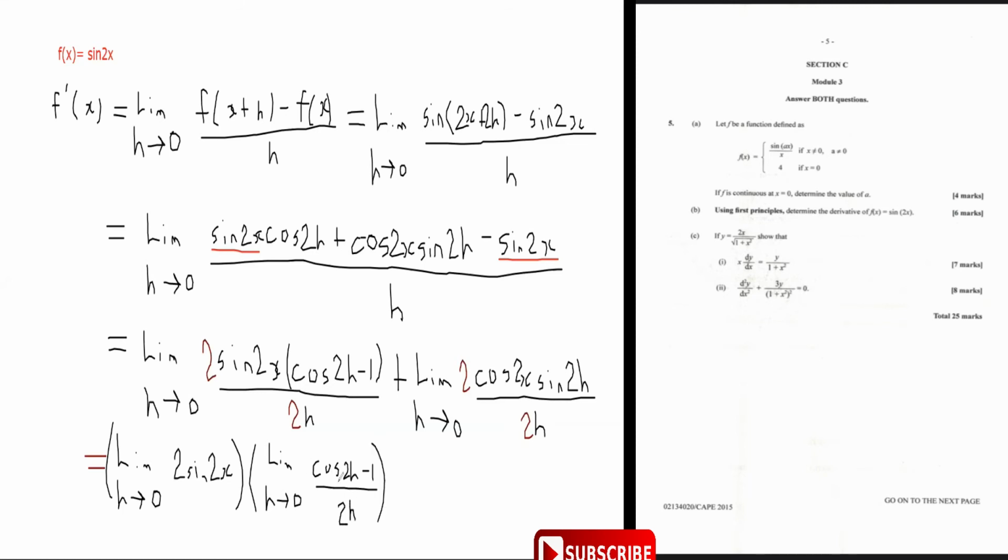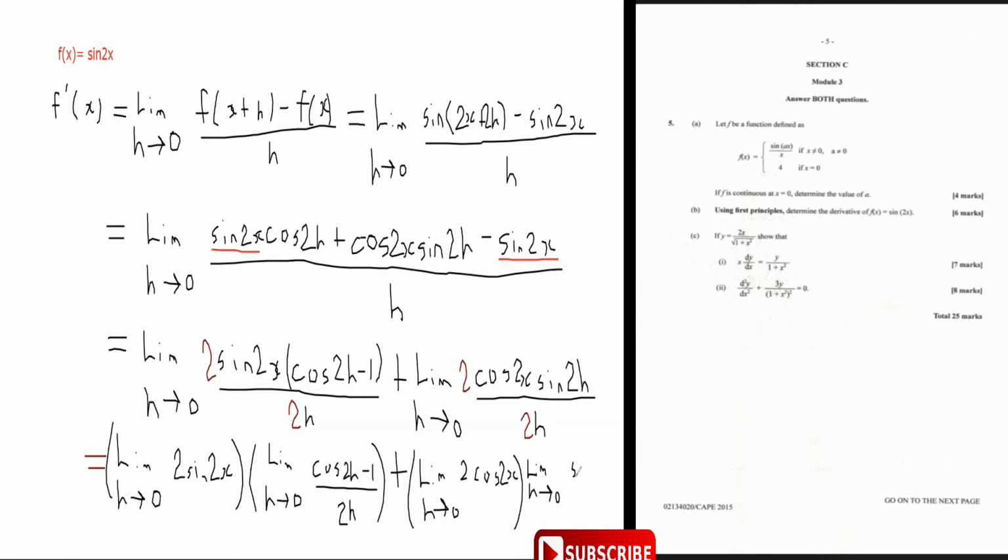But remember, the limit of cos theta minus 1 over theta is 0, right? Plus the limit as h tends to 0, separating them as the limit of the product now, that is 2 cos 2x over 1 times the limit as h tends to 0 of sine 2h over 2h.